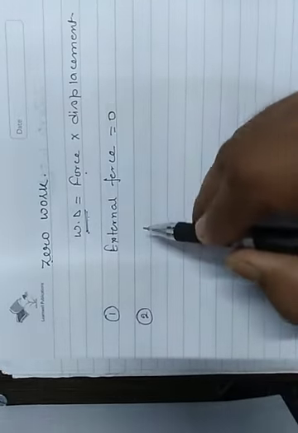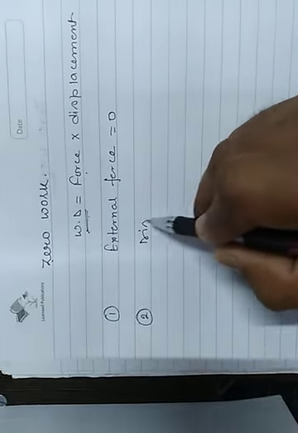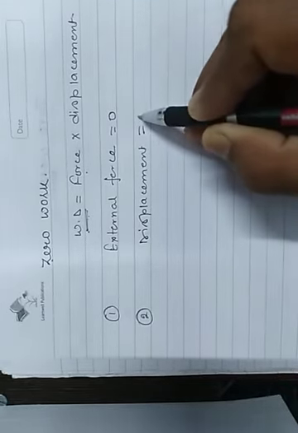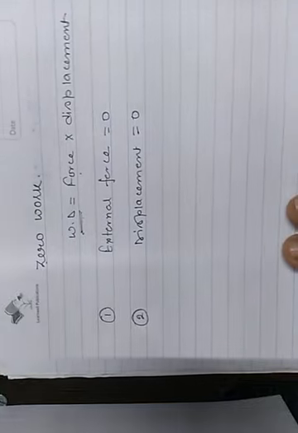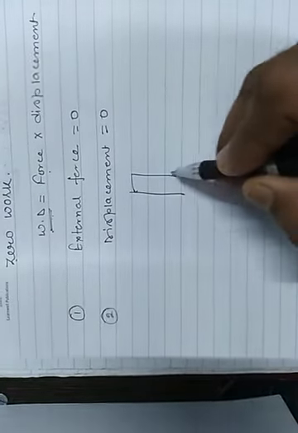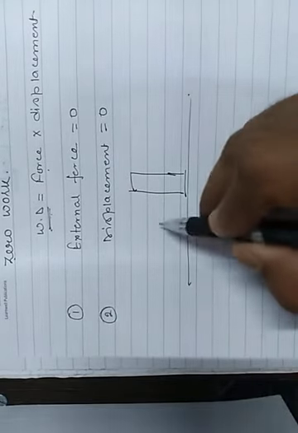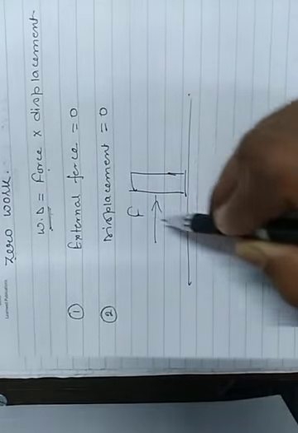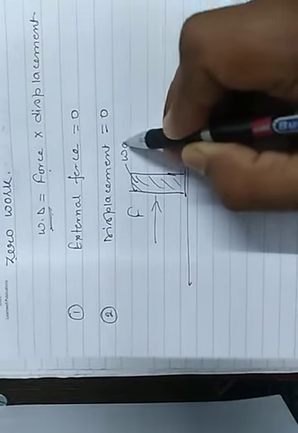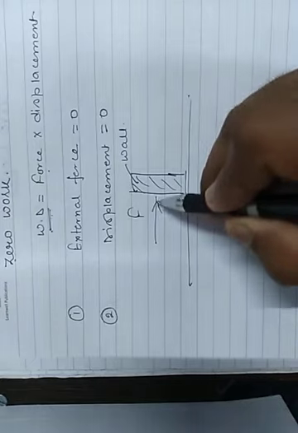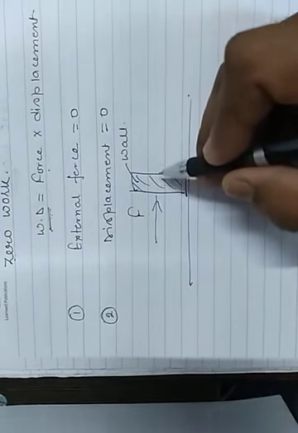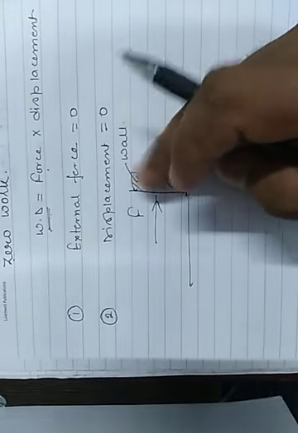Second case, when displacement is zero. For example, if this is a wall and I apply a huge amount of force, no displacement takes place for this wall.